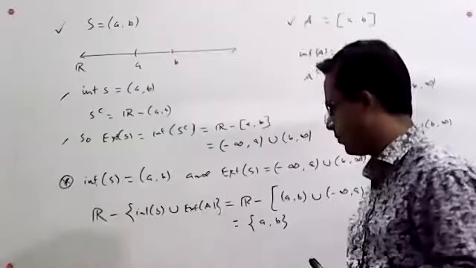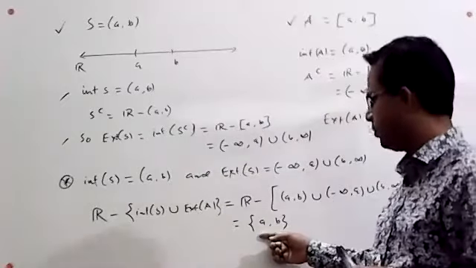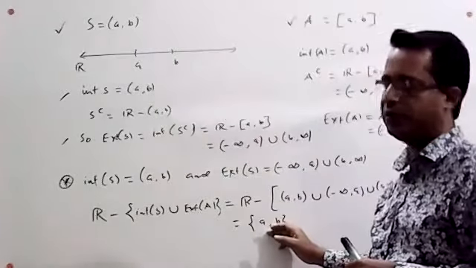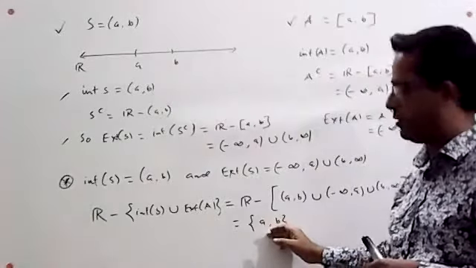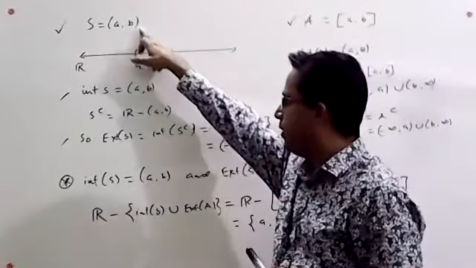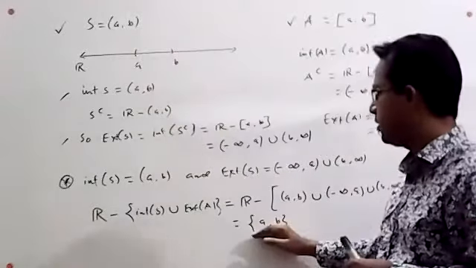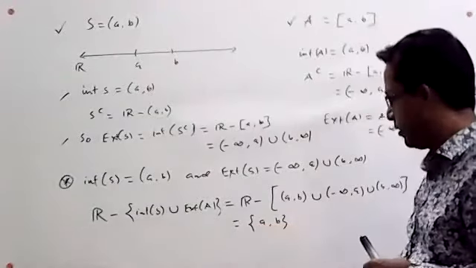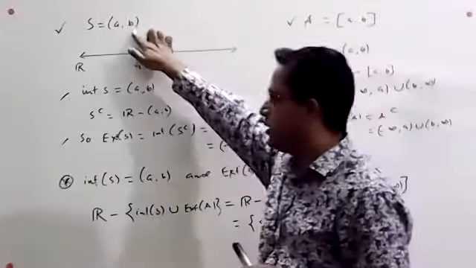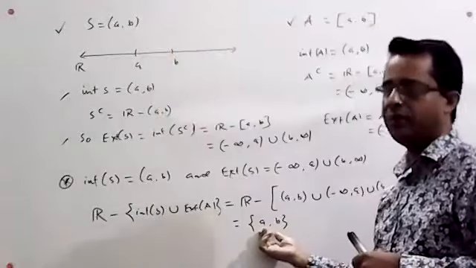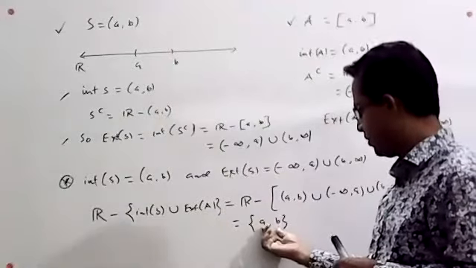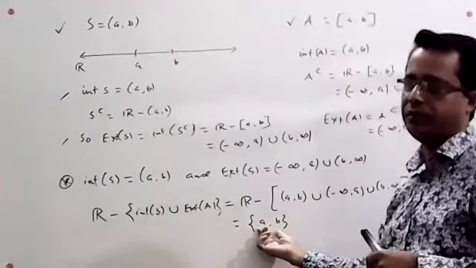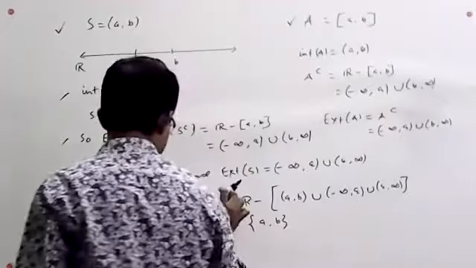And the frontier points of a set which belong to the respective set will be called boundary points. For an open interval, these are frontier points, and for a closed interval, these are also frontier points. But if this point does not belong to this set, then this point cannot be called a boundary point. Since these points belong to this set A, these points will be called boundary points of this set.